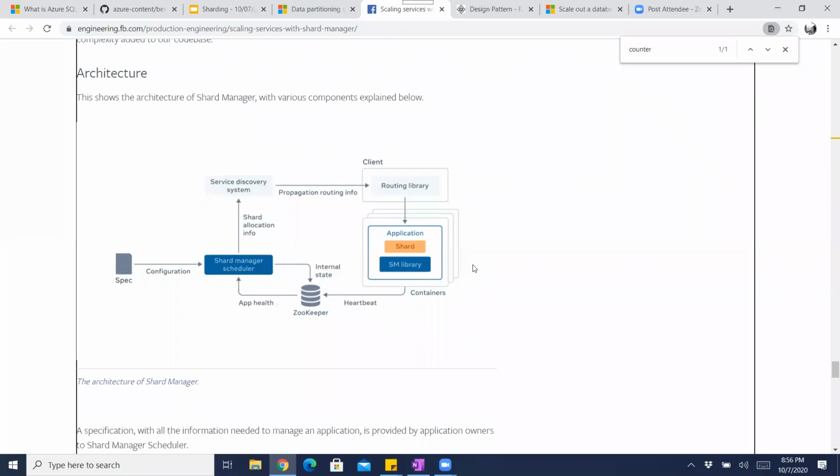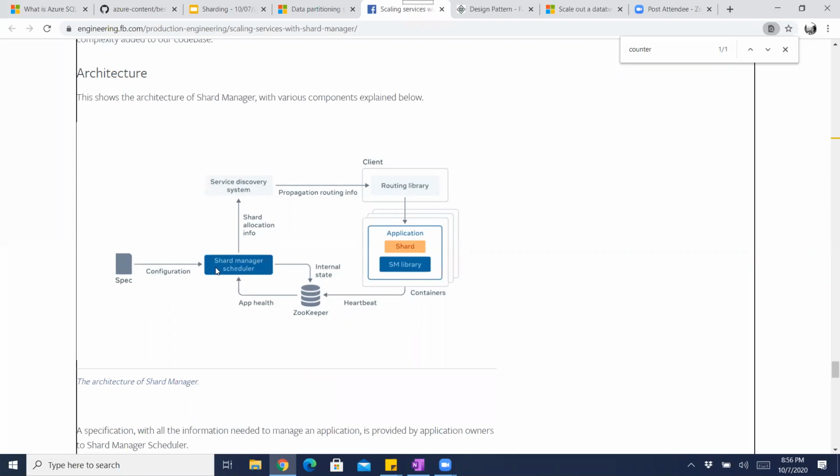I have not looked into this architecture, but logically it makes sense. If I'm reading this right, based on what you're saying, first of all we can provide all this configuration, and the scheduler will take care of allocating the right number of shards and also coordinating with Zookeeper to keep track of if any server goes down and all of that.